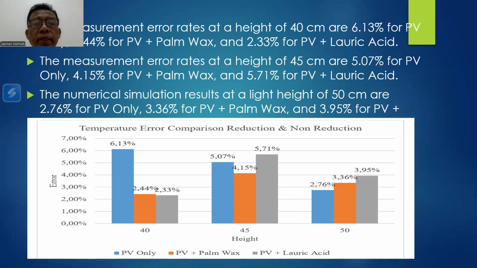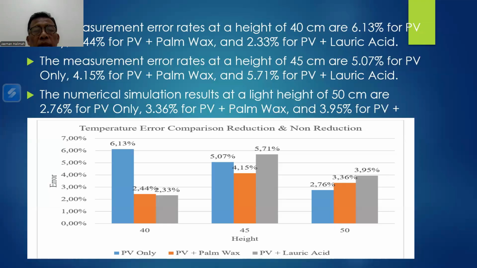The measurement error rates at height of 45 centimeter are 5.07% for PV only, 5.50% for PV plus palm wax, and 5.71% for PV plus lauric acid.